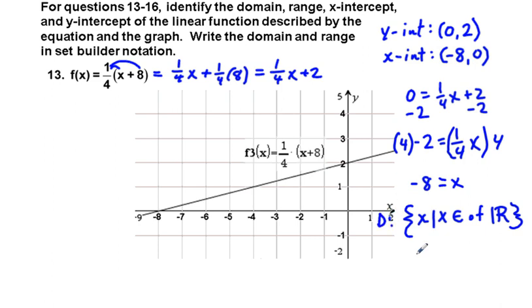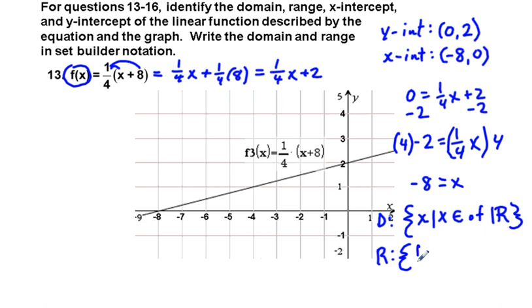I'll put D, colon, and our range is going to be the same, except I want to use y, but I'm going to use f of x instead, since we are in function notation here.